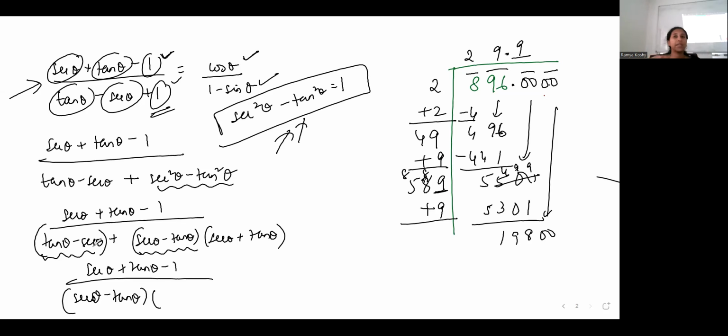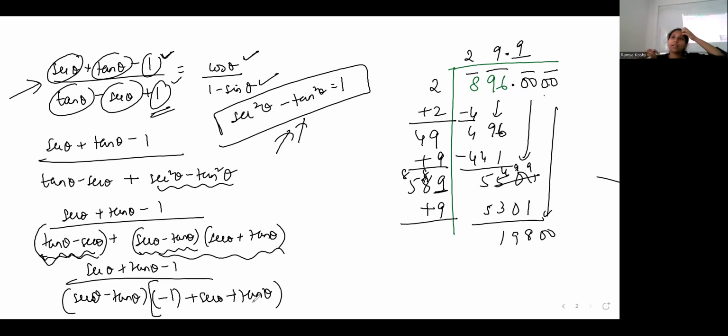Sec theta minus tan theta into what number is tan minus sec? Minus 1. Sec theta minus tan theta into minus 1 is tan minus sec. Right? So I'll multiply this with minus 1. Sec theta minus tan theta into minus 1. And then the first part will be minus 1 for this one. And here what is left? Sec theta plus tan theta.